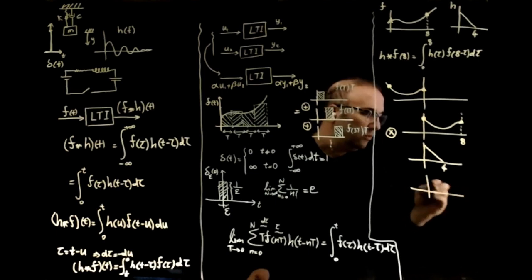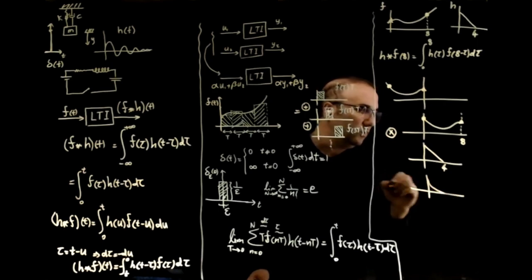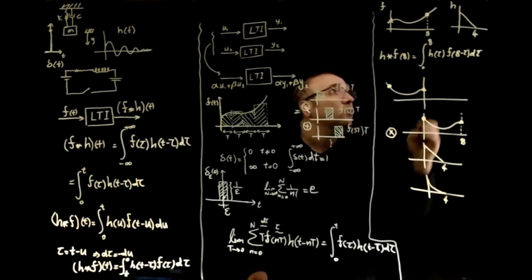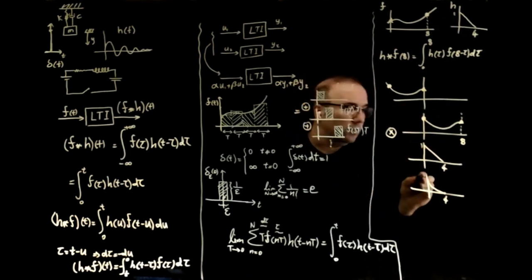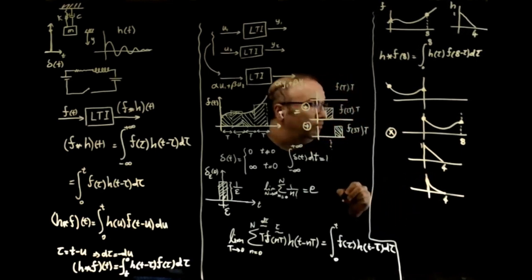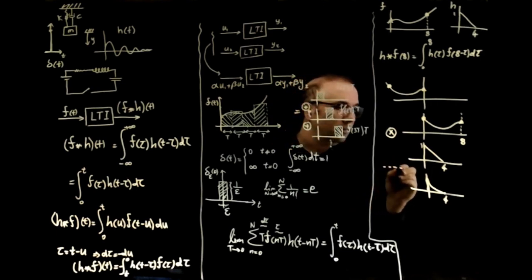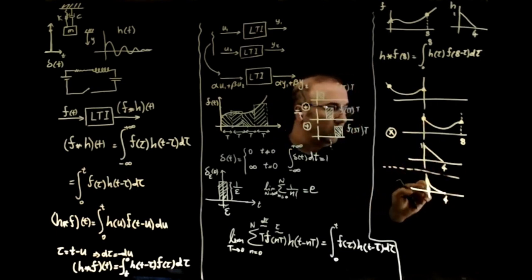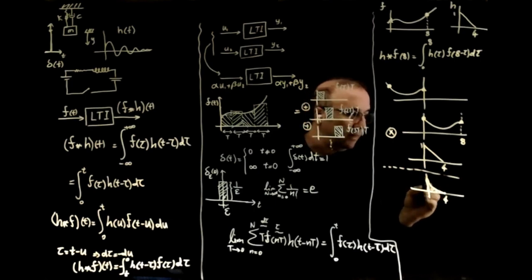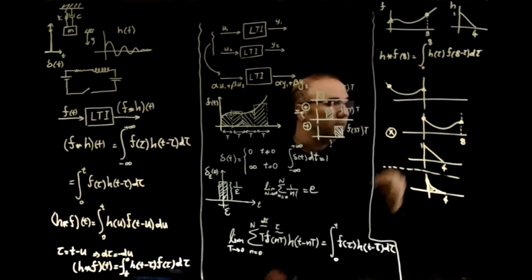Let's say it becomes something like this. All right. At 4 seconds, it is 0. Let's say this was 1, or some other number, it could be any number. So this is this multiplied by that, and then I calculate that area underneath, which would be that integral.